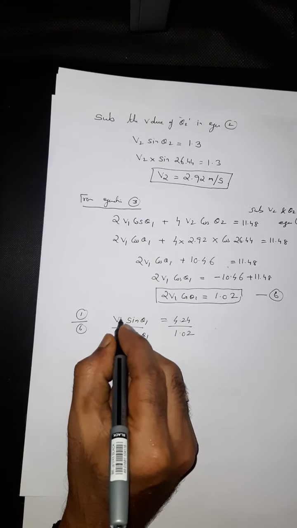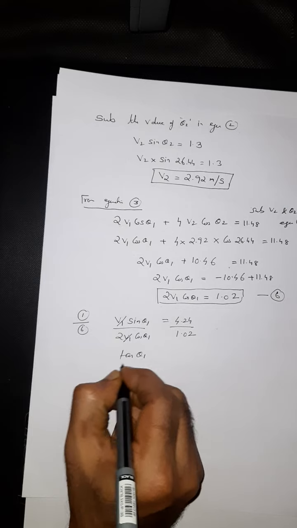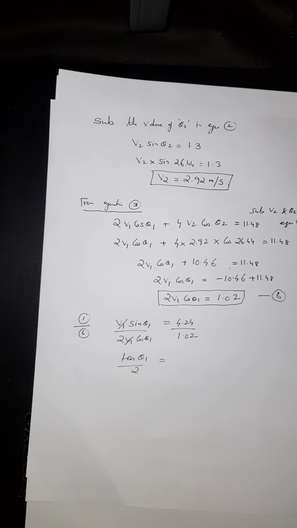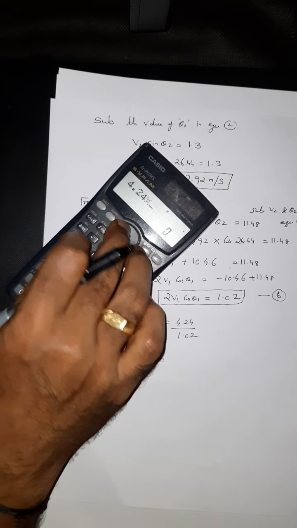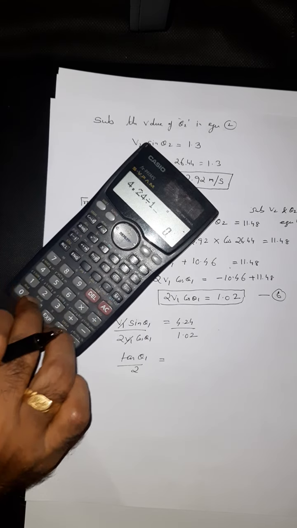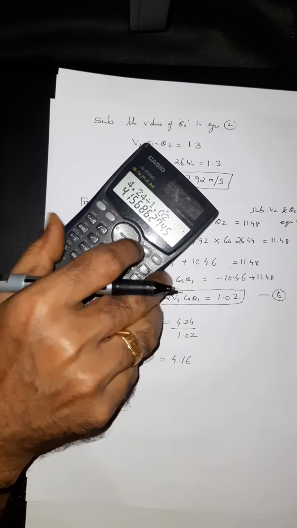Here v1 gets cancelled, so sine by cos is tan theta 1 divided by 2 equal to 4.24 divided by 1.02, which gives 4.16.